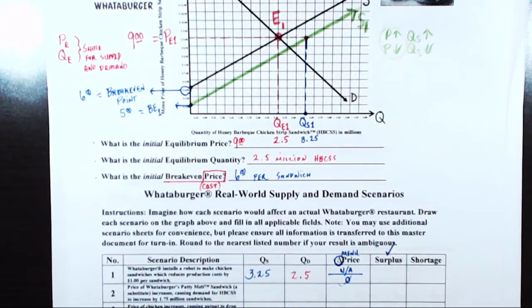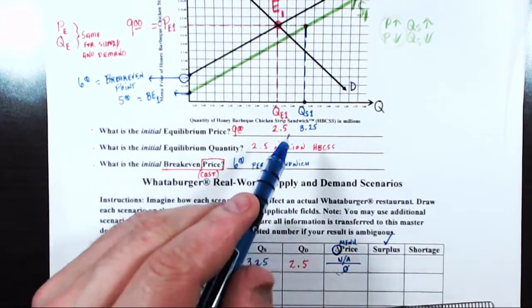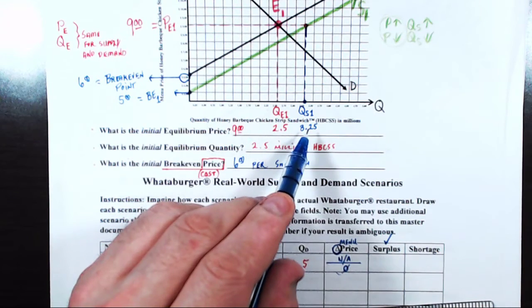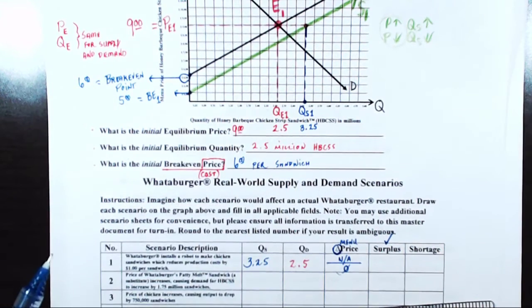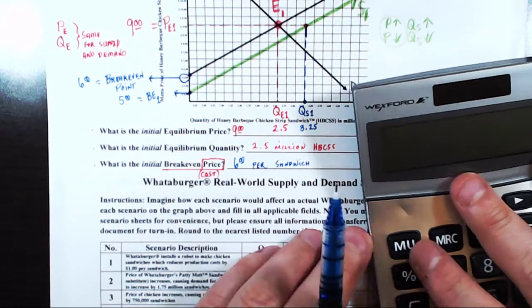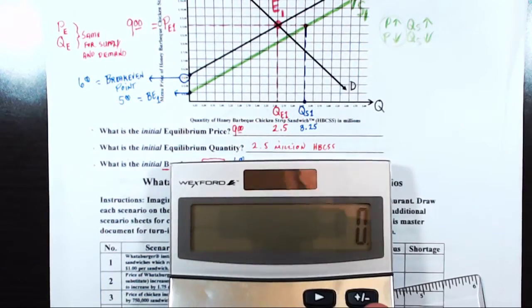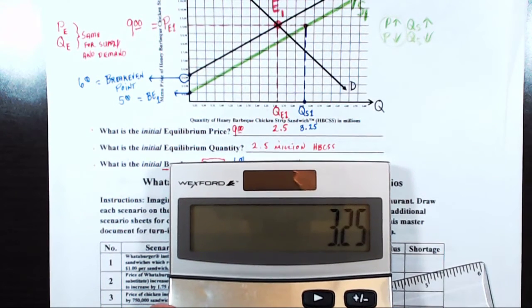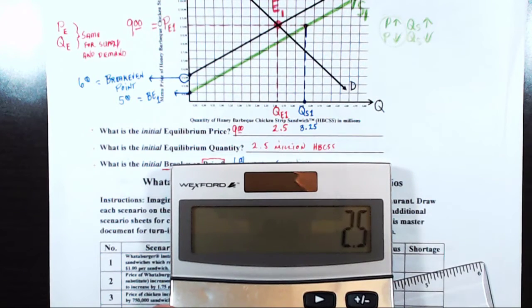How much of a surplus we have is calculated by subtracting the quantity demanded from the quantity supplied. So if these were bigger numbers or we didn't know what to do, we would say the quantity supplied 3.25, subtract out the quantity demanded of 2.5.